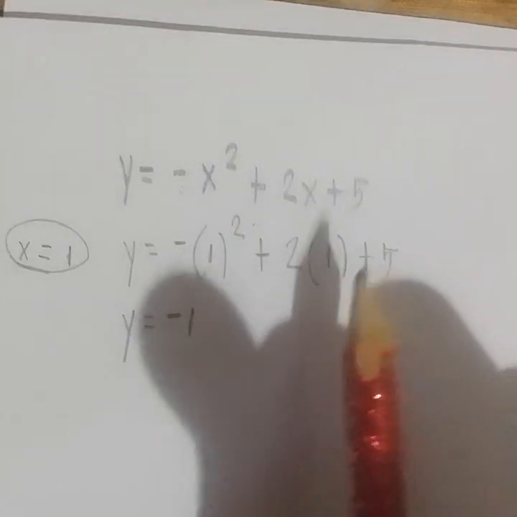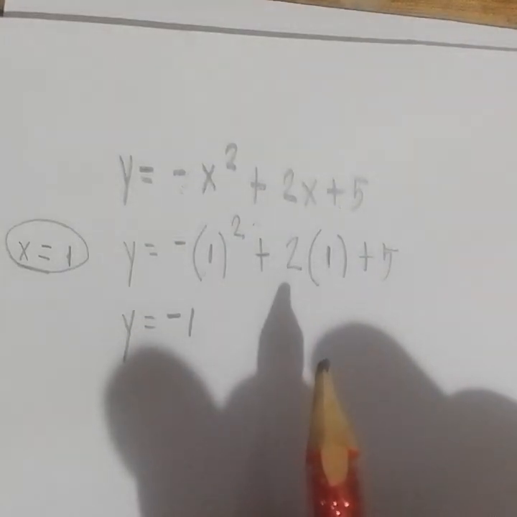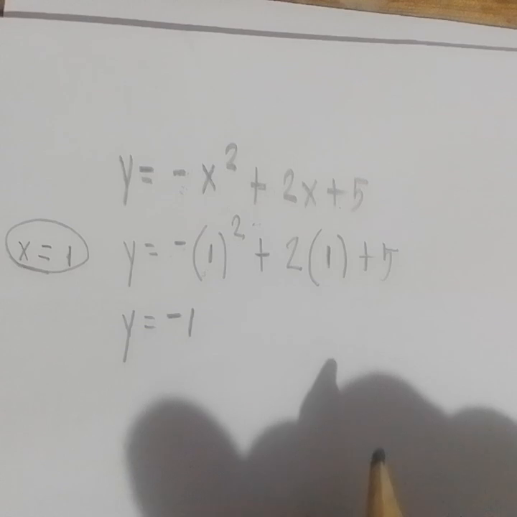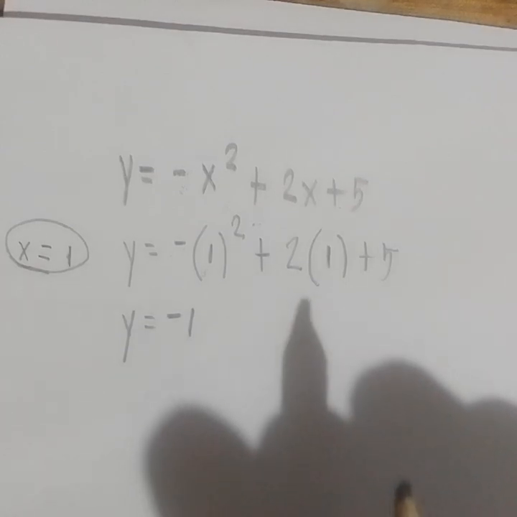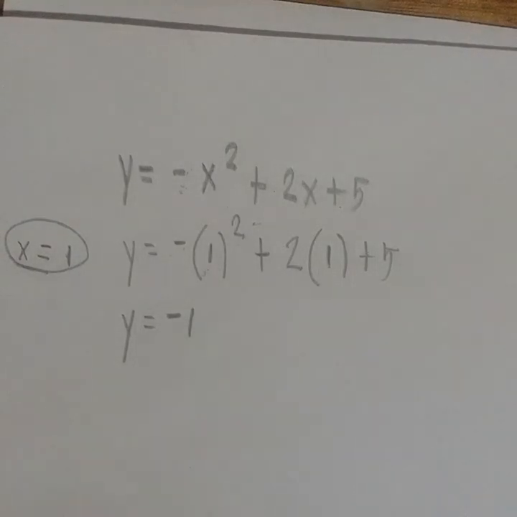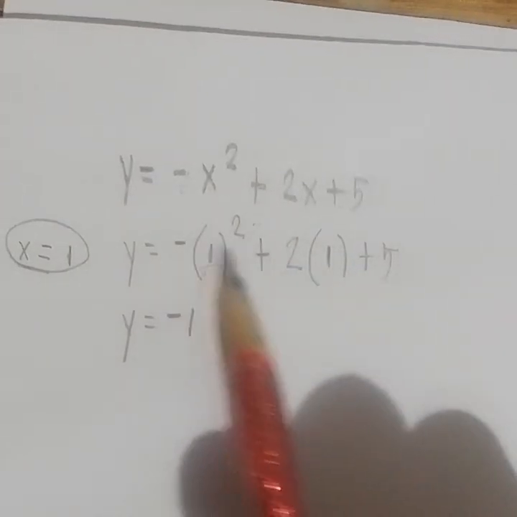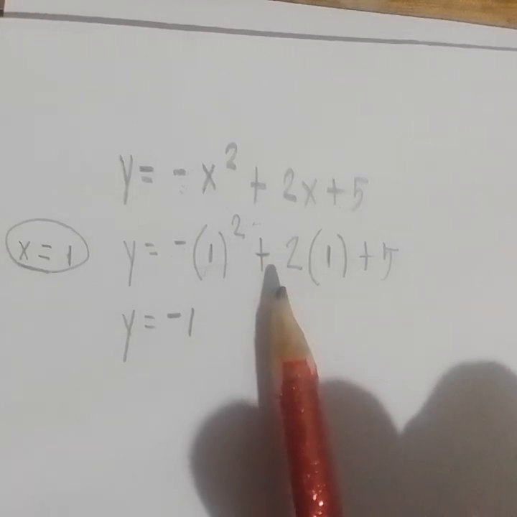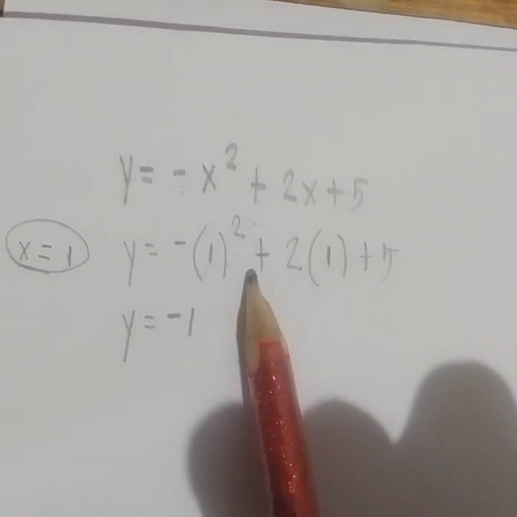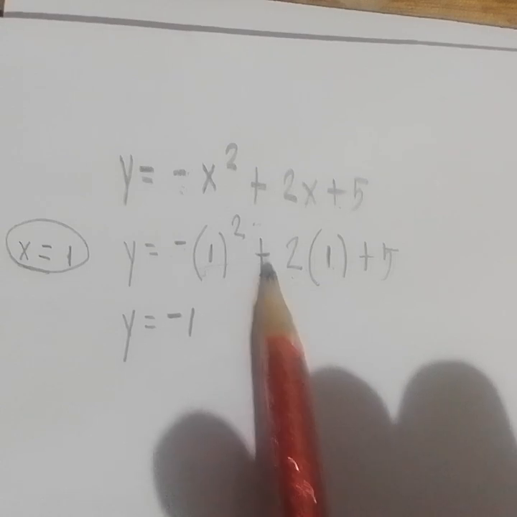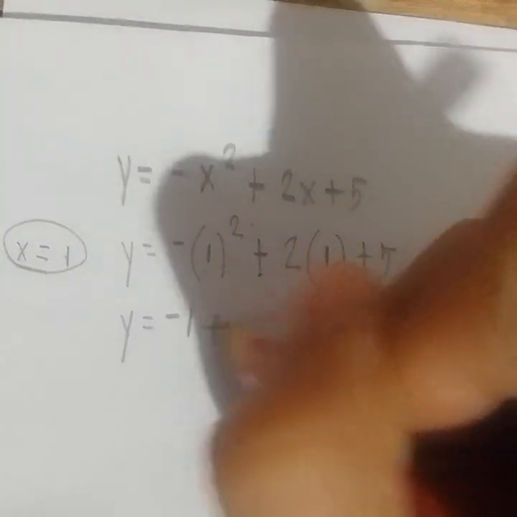Next, second term, there are two values. And if you combine terms, remember, we base it on the sign of the previous, or two values before in the equation. So for the second term, the two values are 2 and 1. The sign is positive, the 1 is positive. So positive times positive is positive.